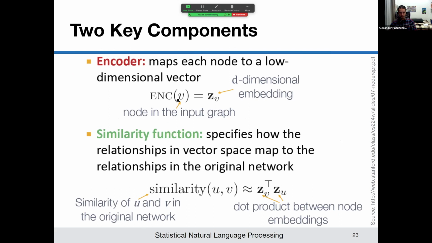So once again, as input to the encoder you're going to have this symbolic representation, a node, and the output is some kind of a vector.